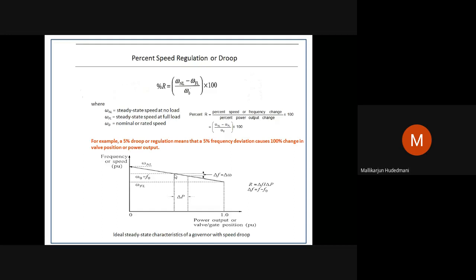How the governor responds to a change in load on that particular unit is defined by its response. Therefore, 5% refers to: for every 5% change in frequency, we will be able to control its fullest output in the valve area. So the valve opens so that a higher inrush of fuel is possible to the turbine area, with an increment in mechanical output and a subsequent increment in electrical frequency output.